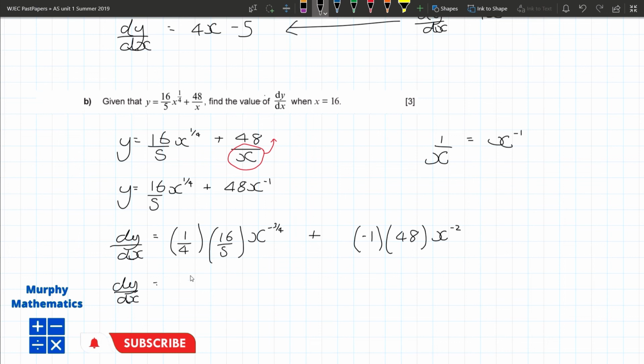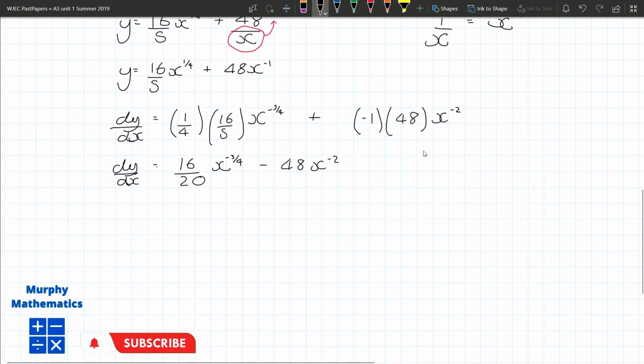Okay, so let's sort out our coefficients. So here we can have 16 over 20 x to the power negative 3 quarters, and we're going to have minus 48 x to the minus 2. And both our powers are minus, so I'm just going to bring them down.